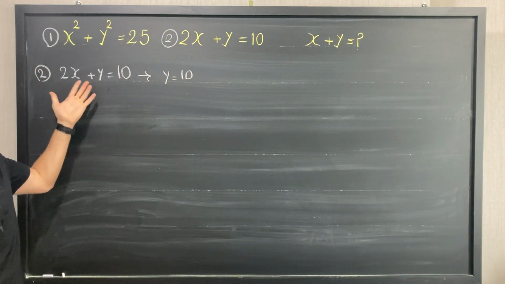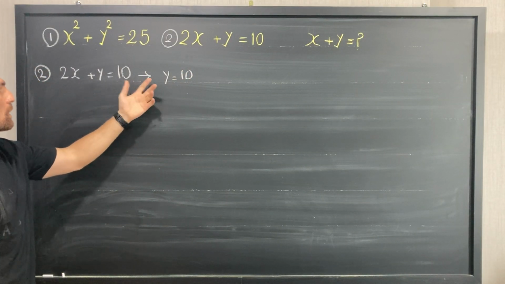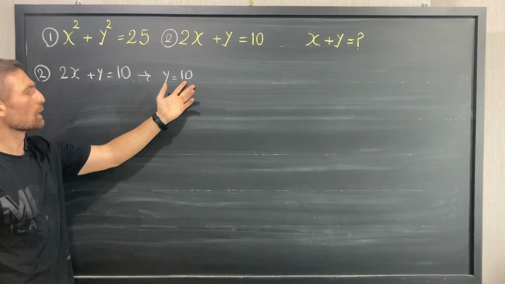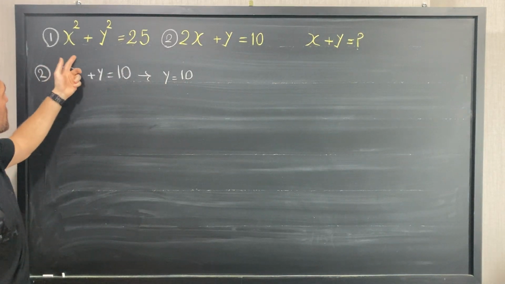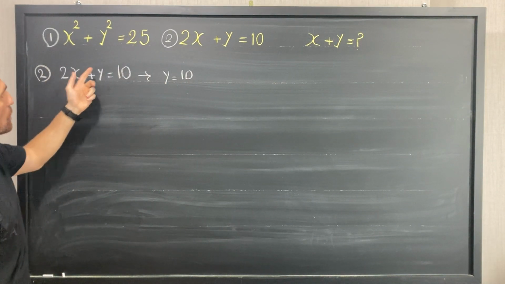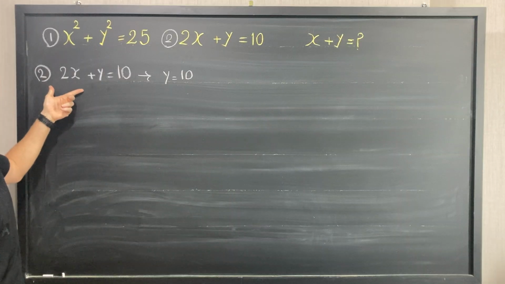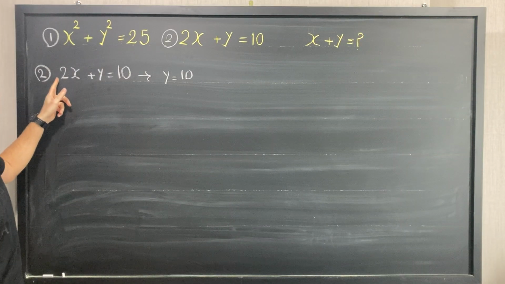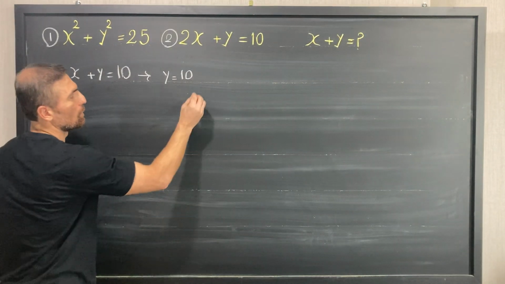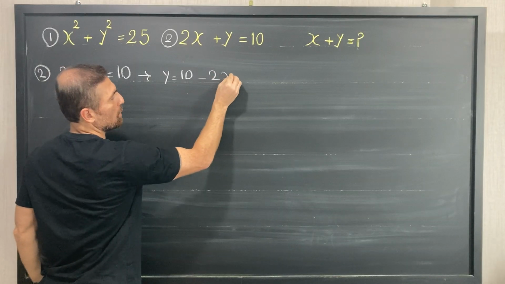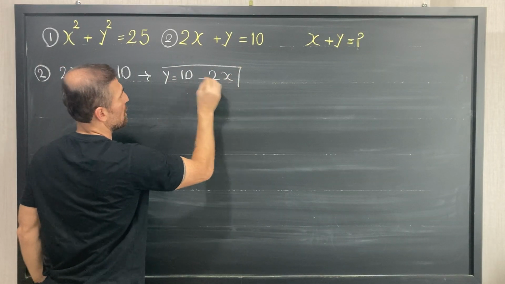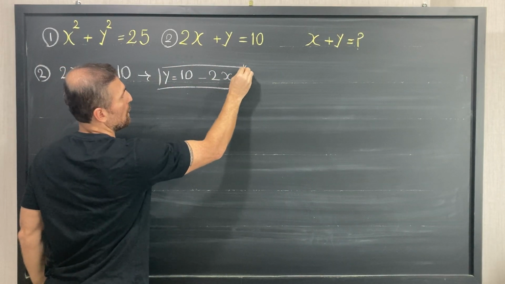Look, y left side, I keep it left side. 10 right side, I keep it right side. Now 2x, I want to transpose this 2x to the right side. Do not forget, we need to change the sign, positive to negative. 10 minus 2x.